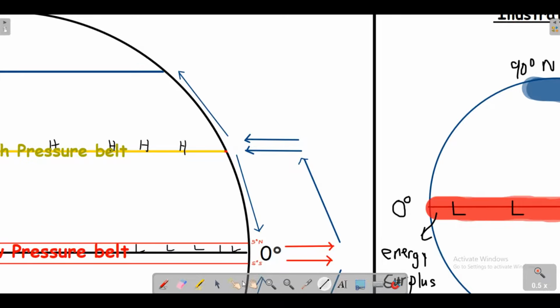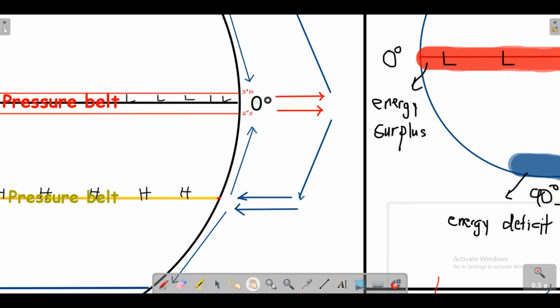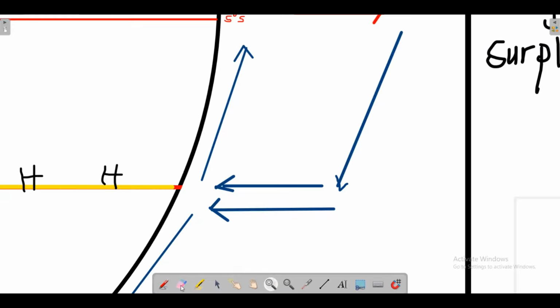We'll talk about this concept called adiabatic warming. Let me just touch on it a bit. When cold air sinks down, it tends to warm up. So it becomes warmer and warmer, such that when it reaches the ground, it has warmed up.